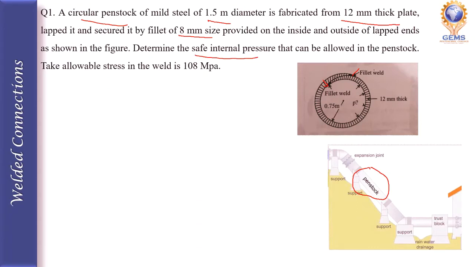So what are the given data? The diameter of the penstock is 1.5 meter, that is equal to 1500 mm, and the allowable shear stress tau VF is 108 megapascal, and the size of the fillet is 8 mm.